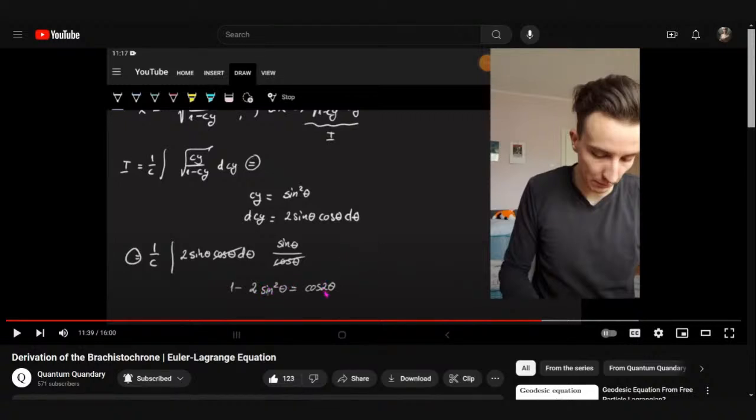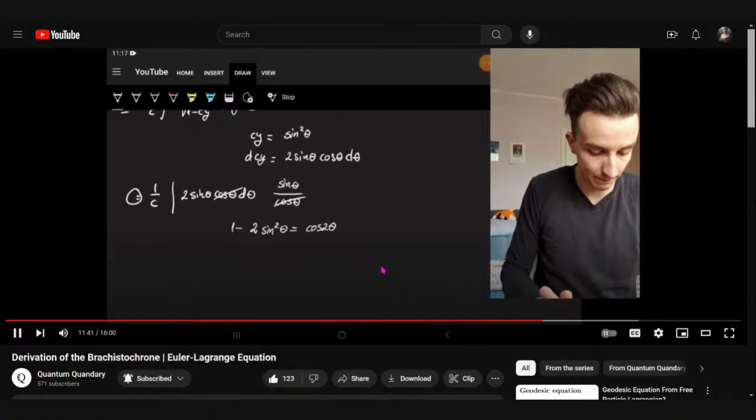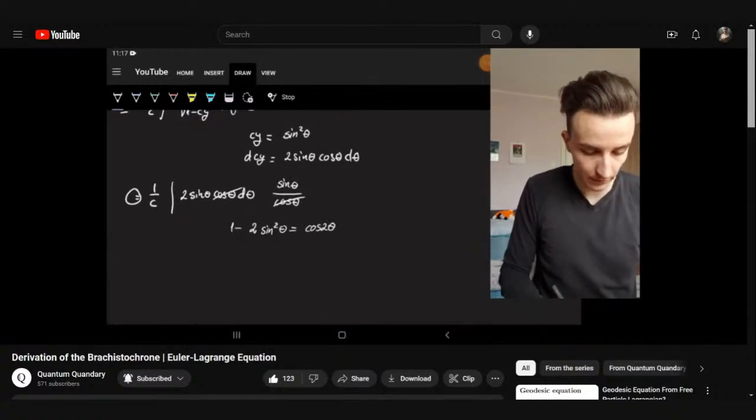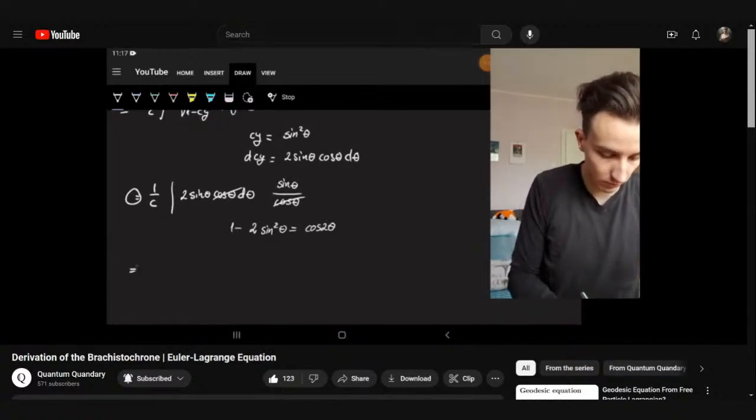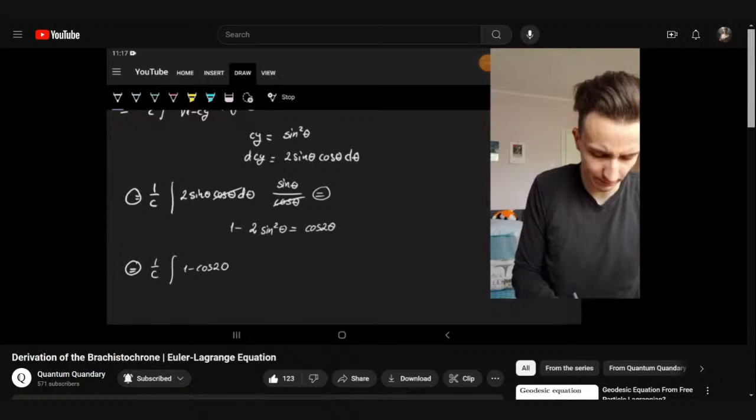I don't know how you get this identity. Maybe he's using derivative. Minus cosine 2 theta. So we have 1 over c, the integral of 1 minus cosine 2 theta d theta.